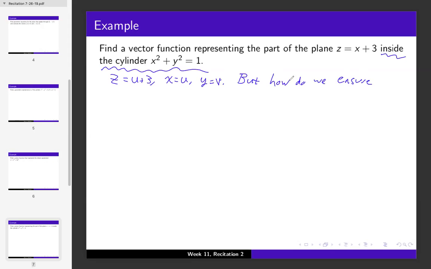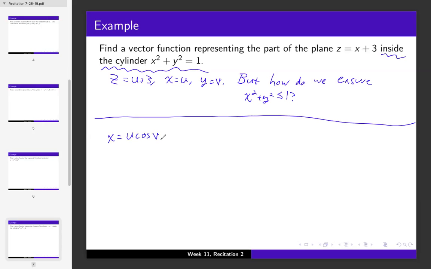So how can we ensure that x squared plus y squared is less than or equal to 1? Well, here's what we're going to do. We're not going to start there. We're going to start somewhere slightly different. We're going to say that x is u cosine v, and y is u sine v, for v between 0 and 2 pi.